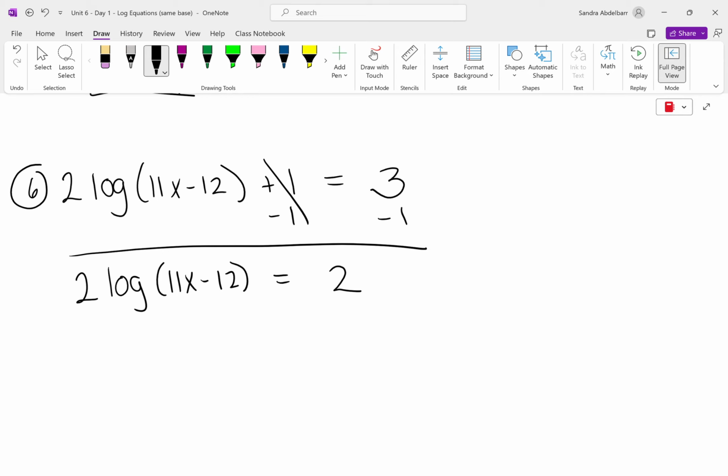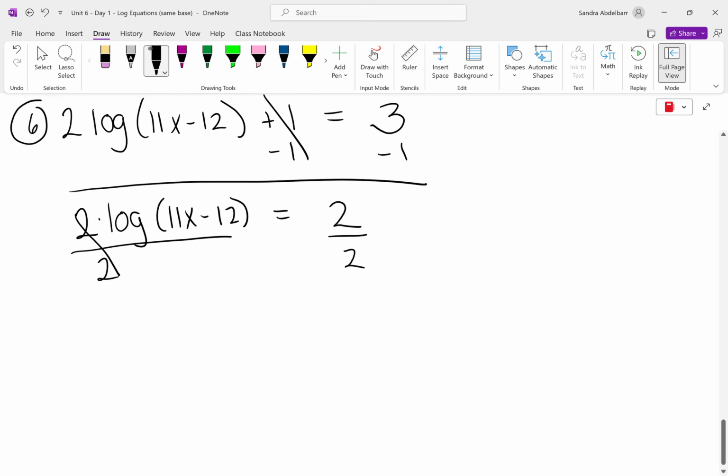But do you really want to be squaring 11x minus 12? You don't want to do that. So what can I do if I'm trying to isolate the log? Divide it. Isn't this 2 times the log of that? So I'm going to opt to divide it out. So now I have log of 11x minus 12 is equal to 1.